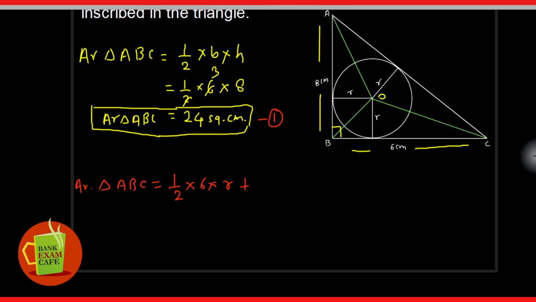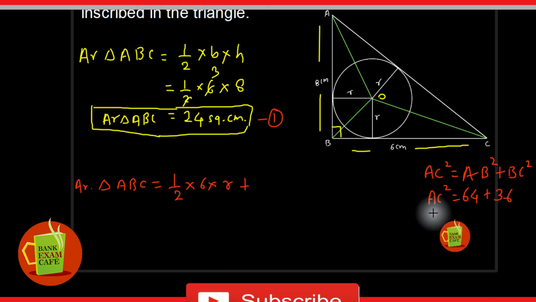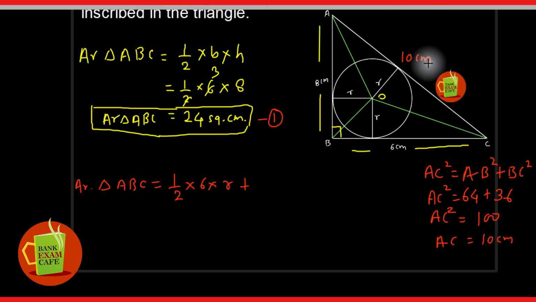AC square is equal to AB square plus BC square, that is 8 square, which is 64, plus BC square, 6 sixes are 36, and therefore AC square is equal to 100, and AC is equal to 10 centimeter. Therefore this AC is 10 centimeter.